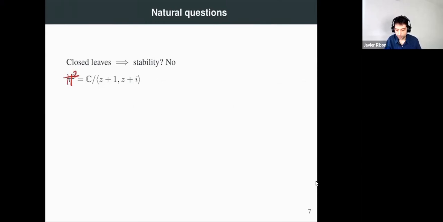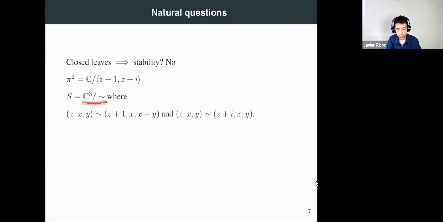right? And we consider the torus as the quotient of the complex plane by the group of the transformations of the torus. And we are going to consider a rank 2 vector bundle over the torus, which is going to be given by this equivalence relation defined in C3. In the torus, we have to identify c with c+1 and c with c+i.